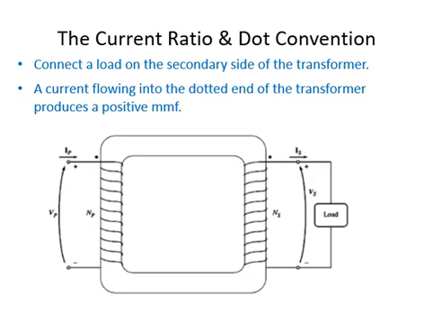In this figure you can see, in the primary case the current is flowing into the dot, so the primary side produces positive MMF. But on the secondary side you can see that I of s is leaving the dot, going away from the dot, so the transformer will produce a negative MMF.